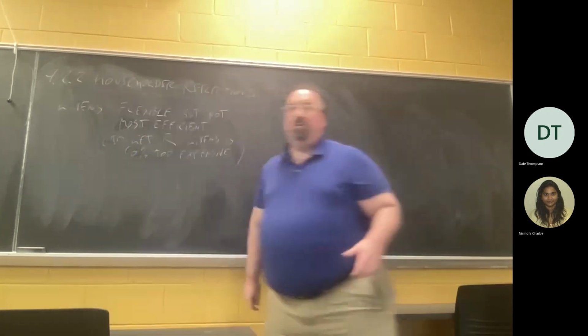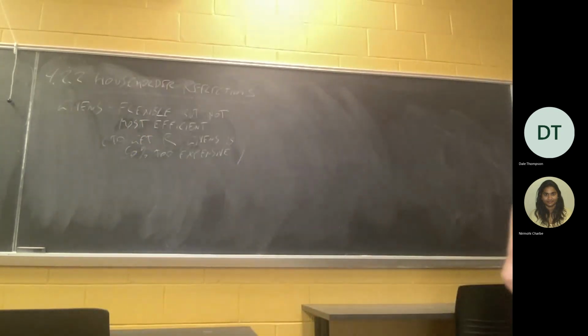Another way of putting it is that the approach I'm going to show you, Householder, takes roughly 2/3 the number of flops that Givens takes. So it's not an order of magnitude different, but it's still significant.